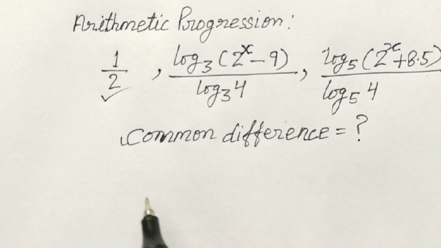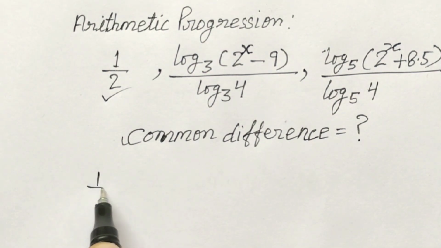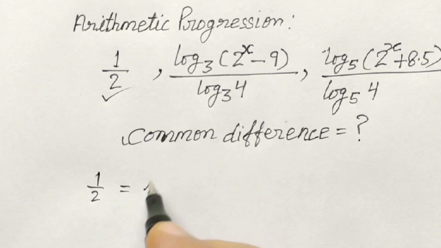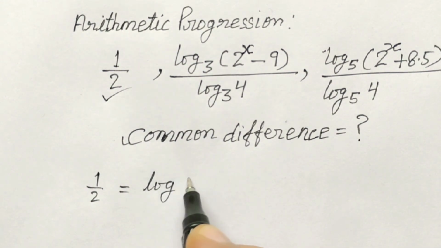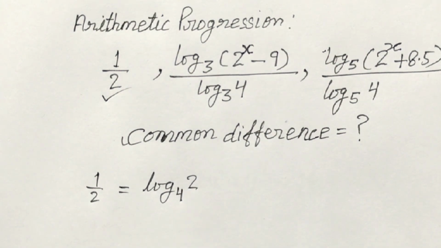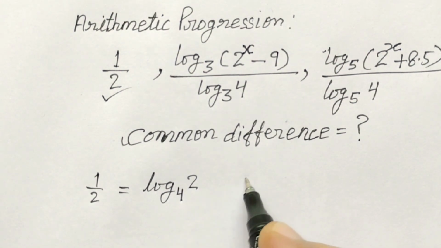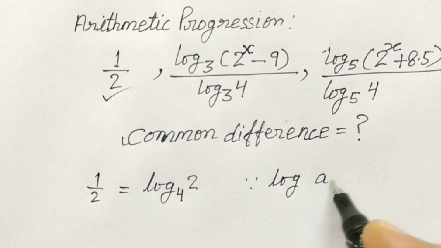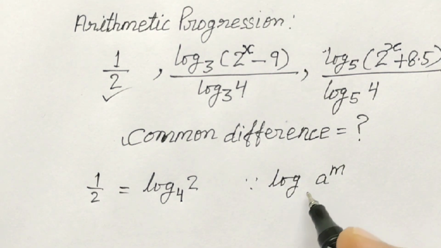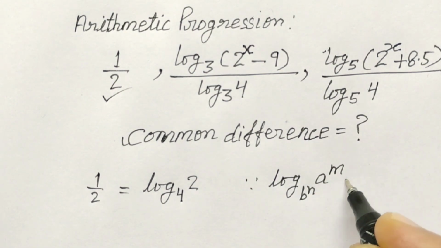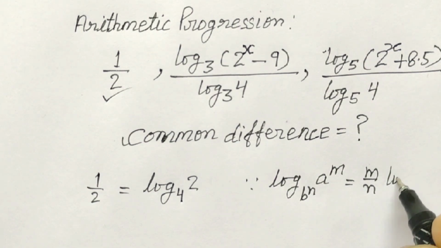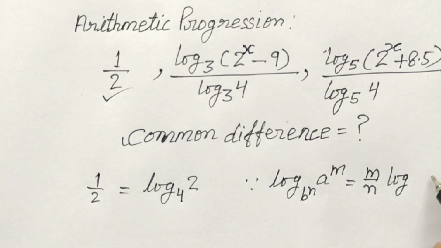Now the first term, half, can be written as log of 2 to the base 4, right? Because log of a to the power m, b to the power n is equal to m over n log of a to the base b.